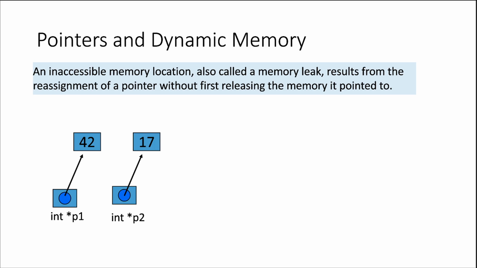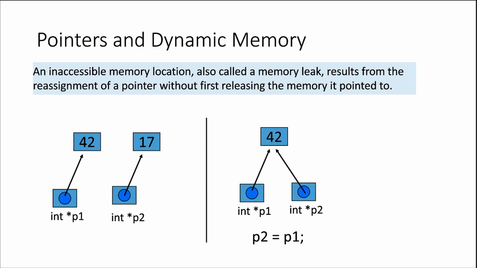Now let us see what will happen after some point of time. Somewhere down the line in your program, you execute P2 equal to P1. What will this effectively do? P2 will also point to 42. P1 was already pointing to 42, and now P2 will also start pointing to 42.